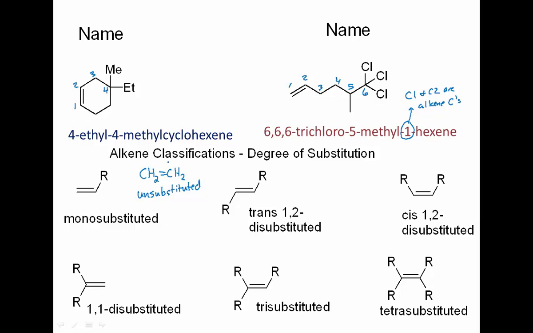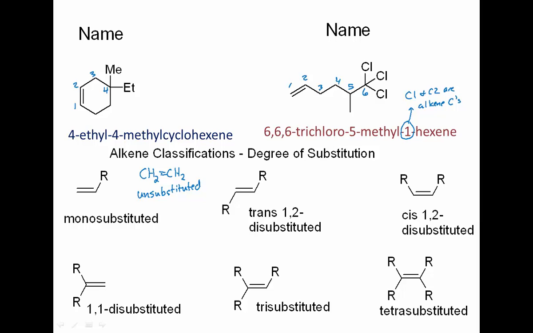We refer to the degree of substitution of an alkene as to how many R groups there are on the alkene carbons compared to how many there are in ethylene, which has 0 substituents.